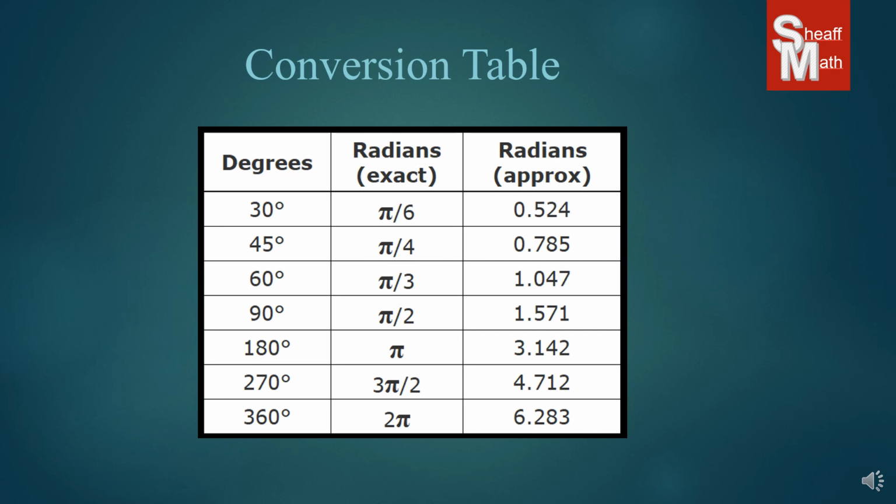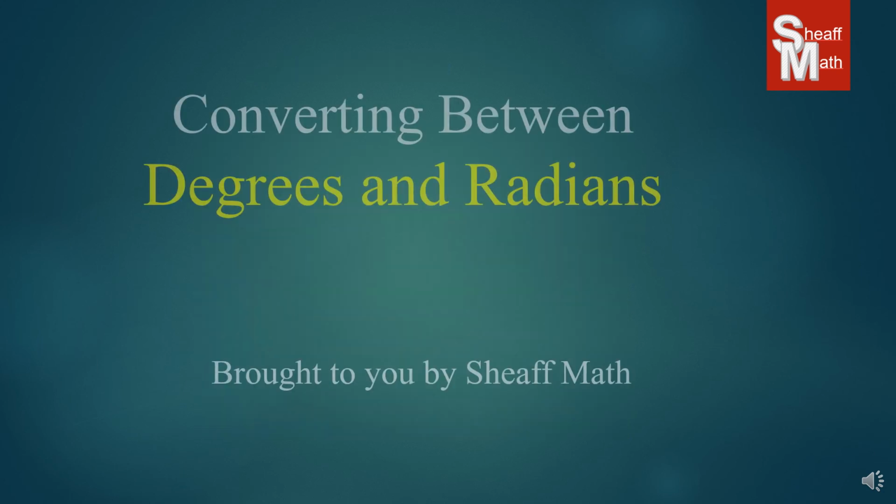So a whole 360-degree circle is a little bit over 6 radians. The half circle, the 180, is a little bit over 3.14. What does that remind me of? All right, and then you can see how many of those special radian pieces they are.